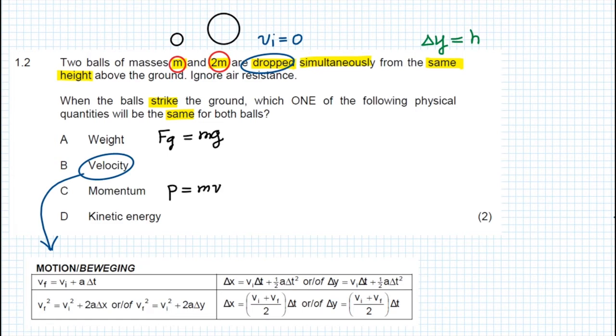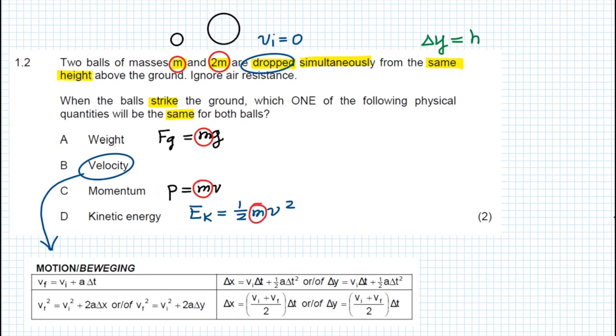And to calculate kinetic energy, we say Ek, which is the kinetic energy, is equal to half mv squared. Now, if we analyze each of these formulae, we soon notice that weight is dependent on mass, momentum is dependent on mass, and kinetic energy is dependent on mass.